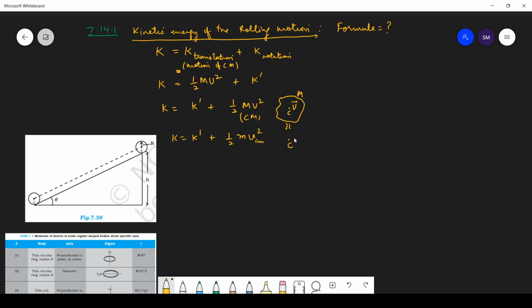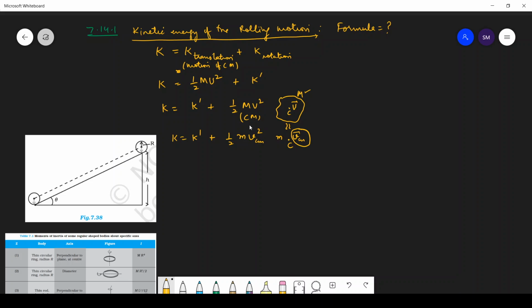It has the same velocity, but instead of writing capital V, we write V CM. The capital M I am replacing with small m because I am now considering it as a point mass particle. So this capital M is the same as small m, and this V is the same as V CM.